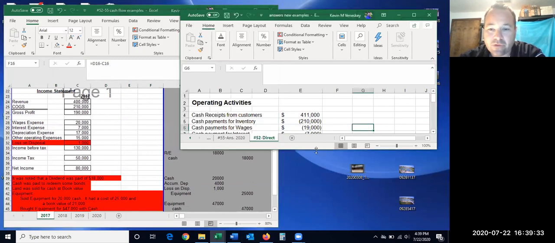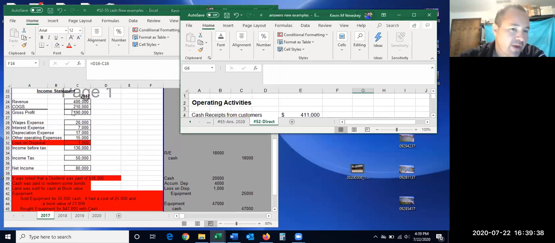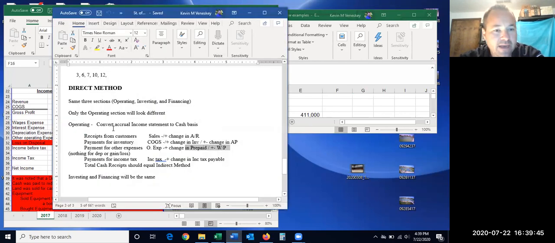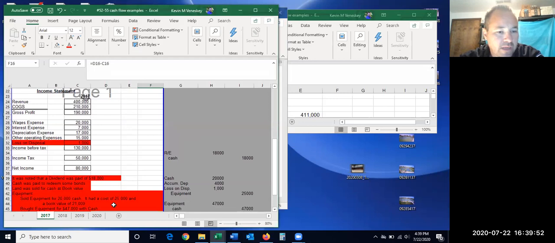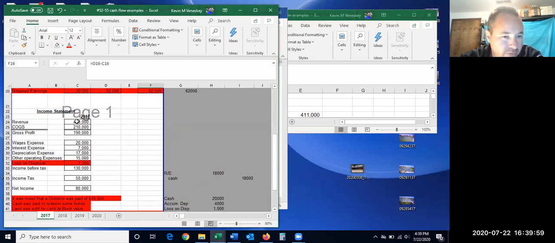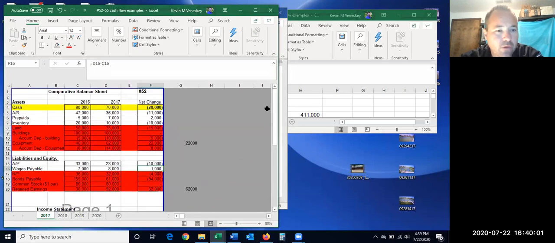Okay, so the first thing we do when we're doing the operating with the direct method, we don't start with net income. We just go right into revenue. And we see that revenue is $400,000. But like my notes said, I have to then compare to AR: did I get more money or lose money? So when I go back up, my revenue of 400,000, and my AR went down, it says I actually collected more than 400,000.